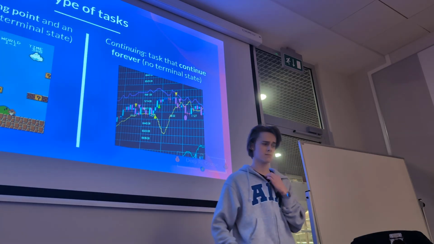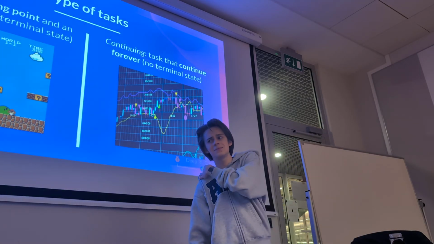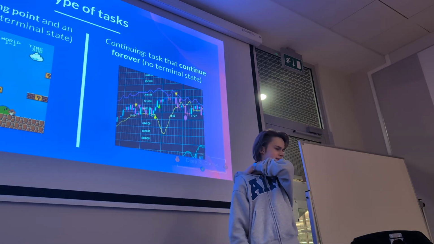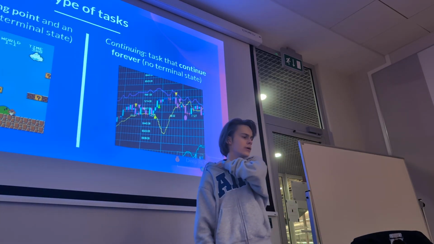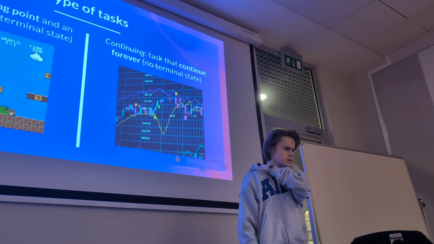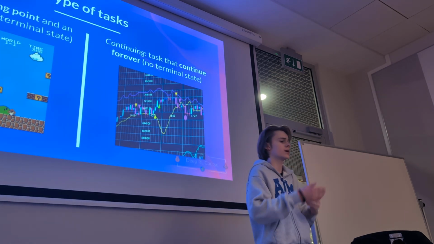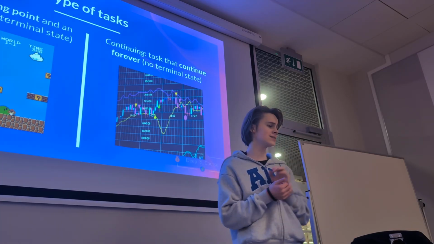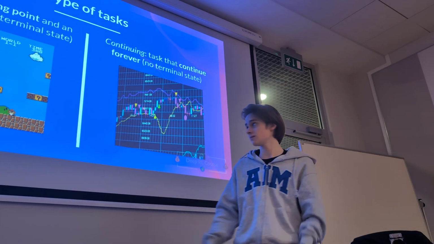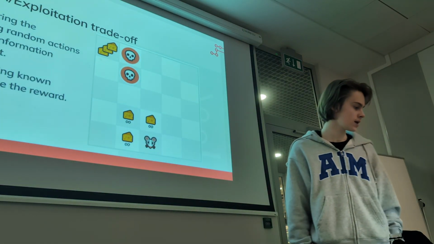We start from a certain position, and not always, but most of the time we have the same ending point which we want to achieve. That's a terminal state. And there are of course continuing tasks, which basically continue forever. There's no terminal state.